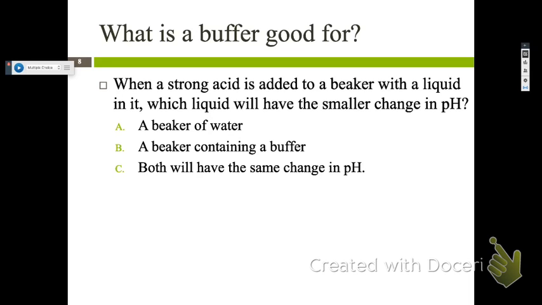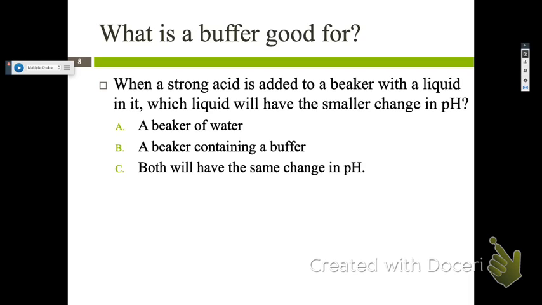All right. Lynn, can I get you to share your thought process on this? Because of buffer's definition, it makes the change in pH smaller. Okay, great. I concur. Do you want to go one step beyond and explain why? What's happening molecularly with that?